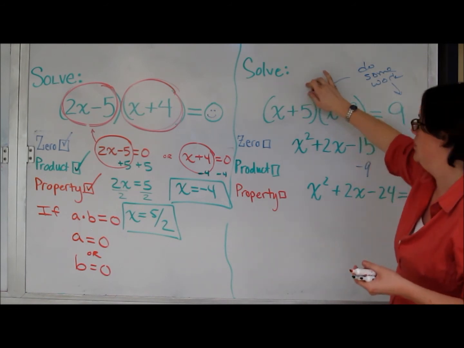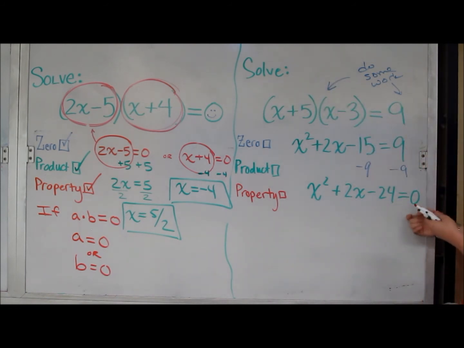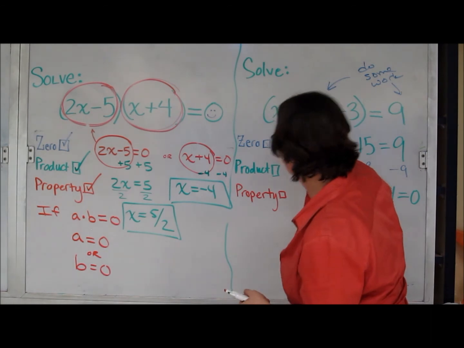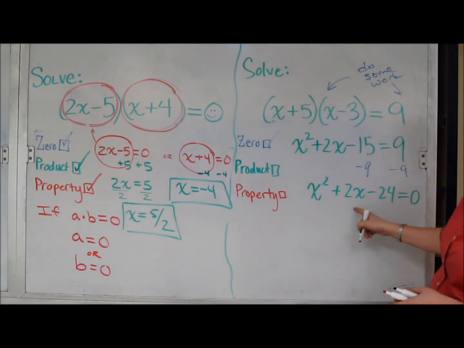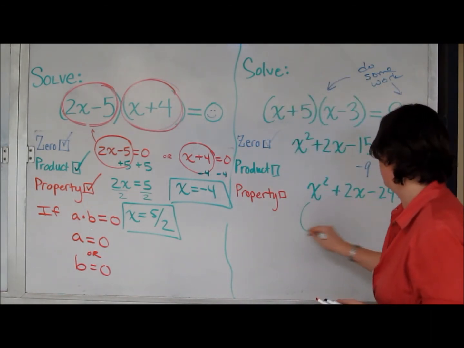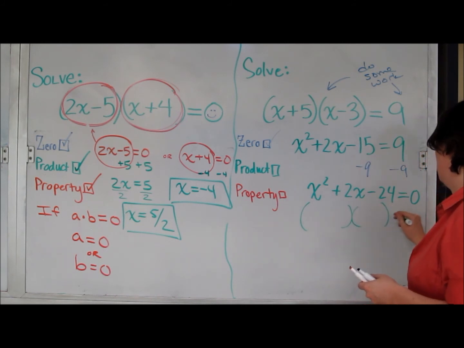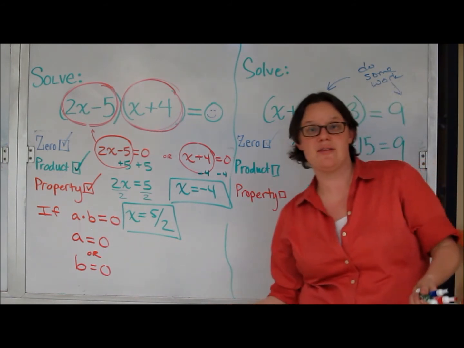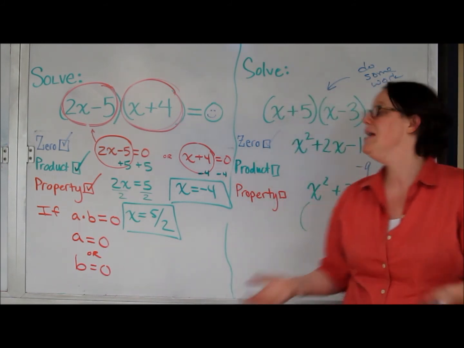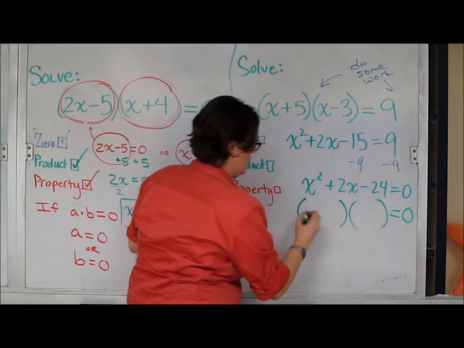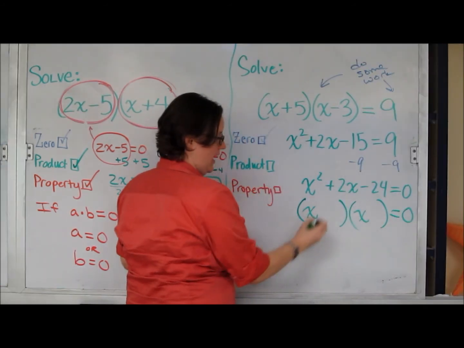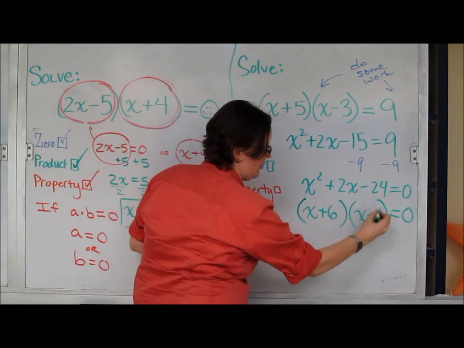I FOILed. And now I have an equation that's equal to 0. Check. I want to turn this equation into a product. I want it to turn into a multiplication problem, so I'm going to factor. Factoring is the process of turning an addition and subtraction problem into a multiplication problem. To x plus 6 times x minus 4.